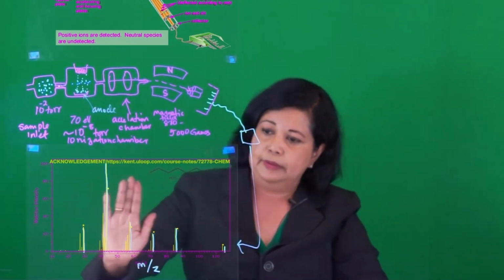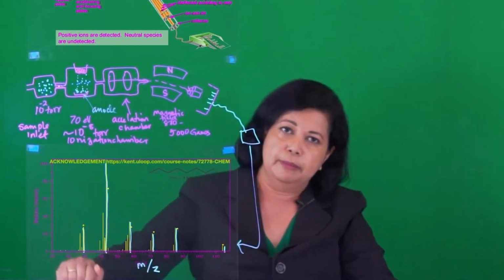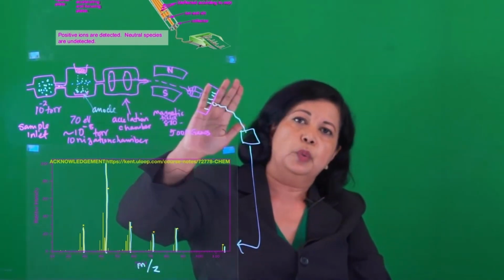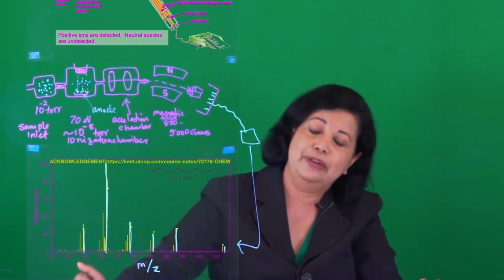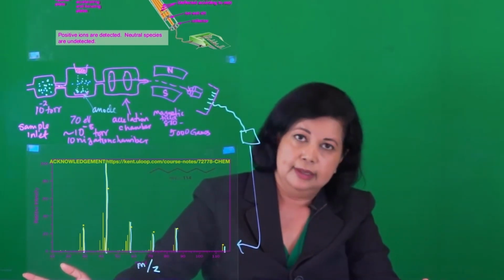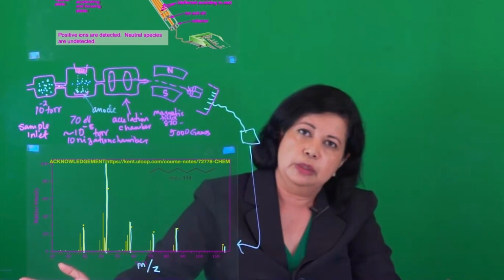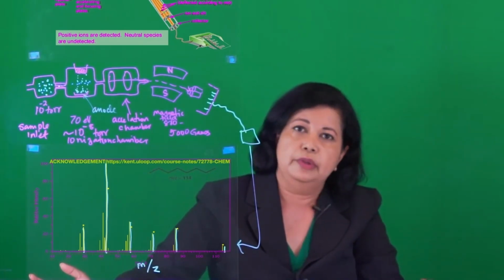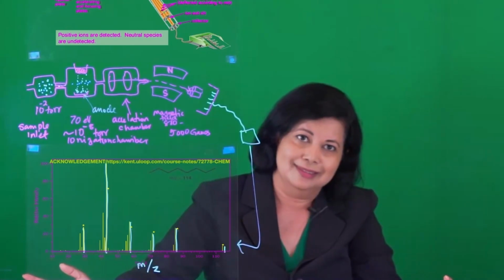But you can arrange them according to the mass over charge inside a mass spec just by the way it's designed. So this is a very nice way of finding out what the molecule is and what the fragmentation pattern of this molecule is. Putting that information together can give you the structure of the entire molecule.